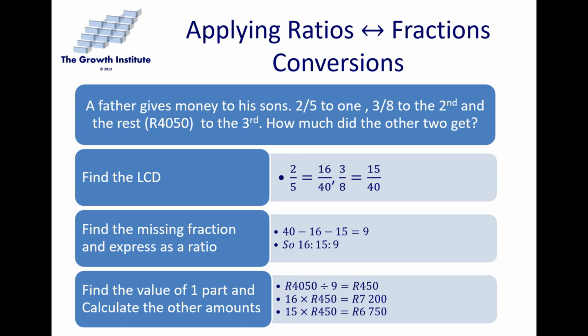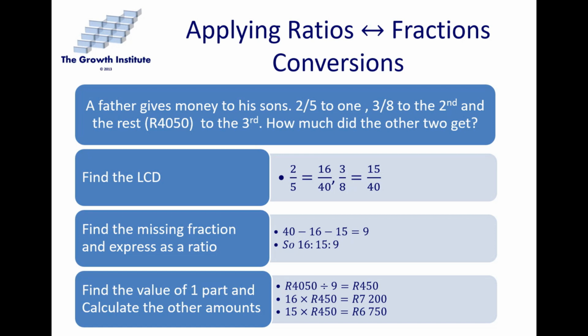Or if you had 40/40 minus 16/40 minus 15/40, you would have gotten 9/40. But remember, we can express the numerators as a ratio if the denominators are the same. So that's how we end up with 16 to 15 to 9.